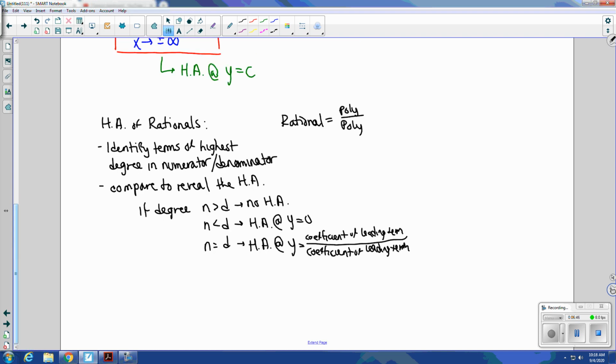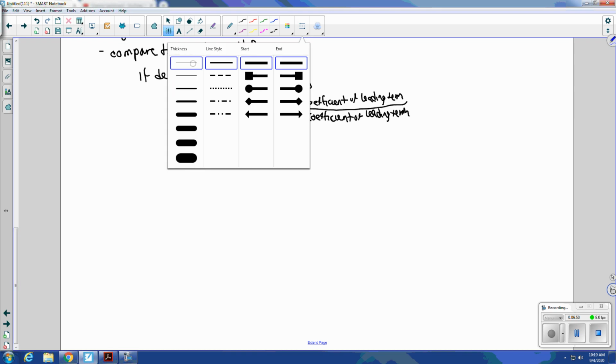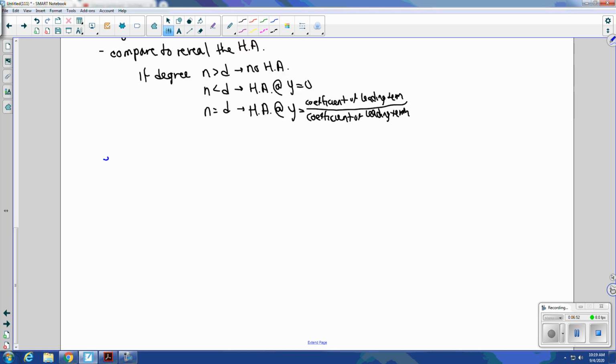So we can just run through some quick examples to refresh your memory on that. Let's say we have the limit of x squared plus 4 over x minus 2 as x approaches infinity. So we have a rational function here, polynomial divided by polynomial.